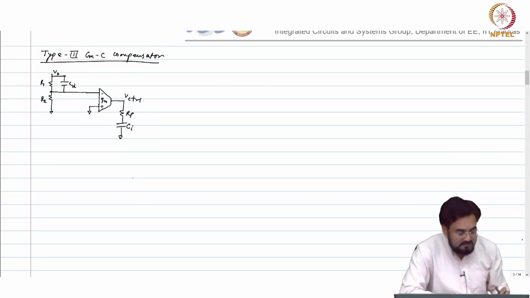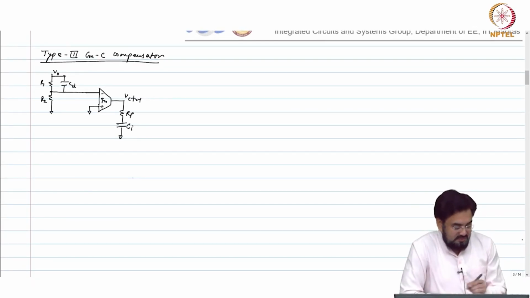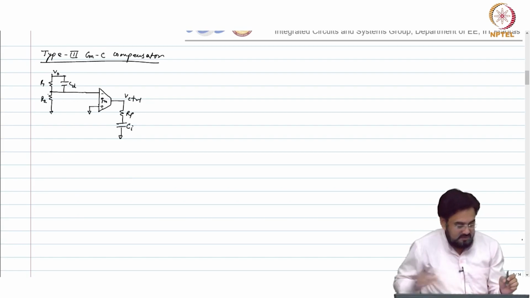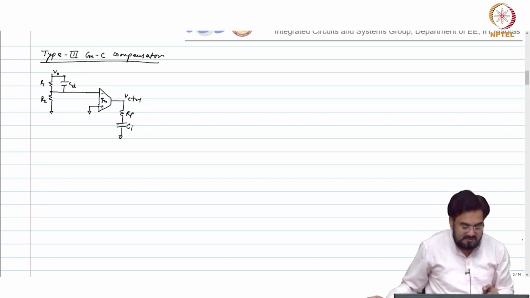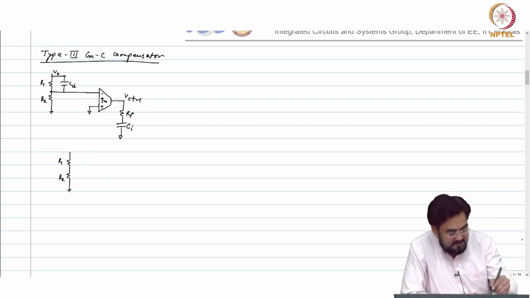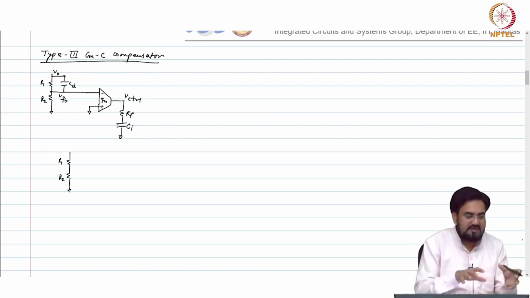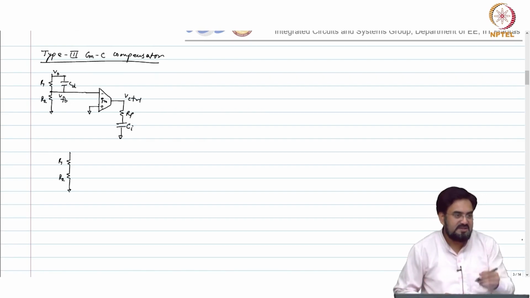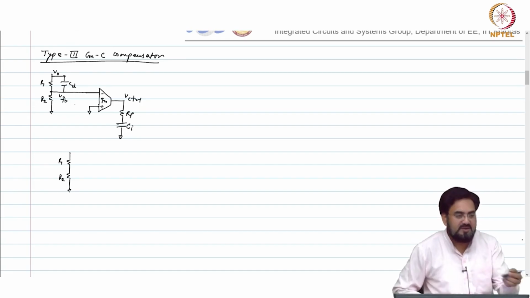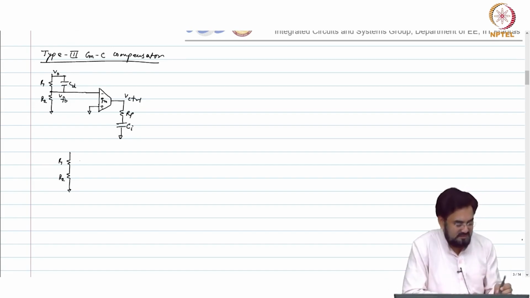So, if I take only this portion, and I call it VFB, I don't need to look at the whole transfer function. Only this portion is changing. So, I can just find VFB over V out and see what is happening here.